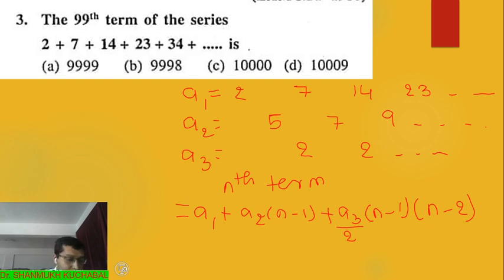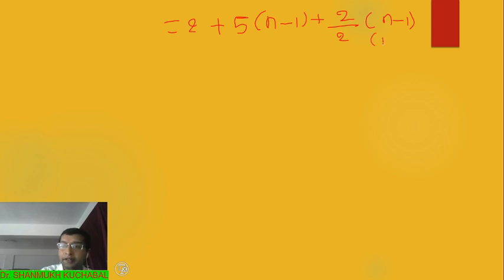A1 I take as 2 in this formula, A2 is 5, and A3 I take as 2 in this expression. So we get 2 plus 5 (n minus 1) plus 2 by 2 (n minus 1)(n minus 2), right?